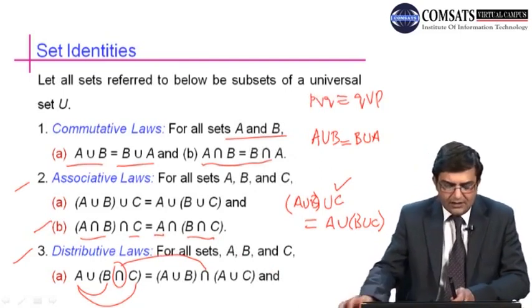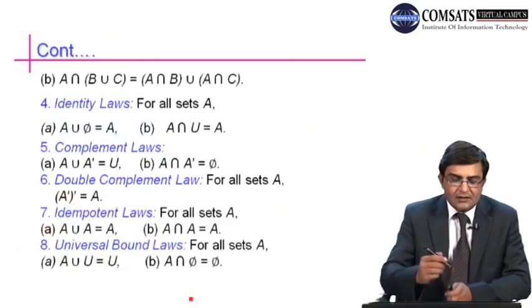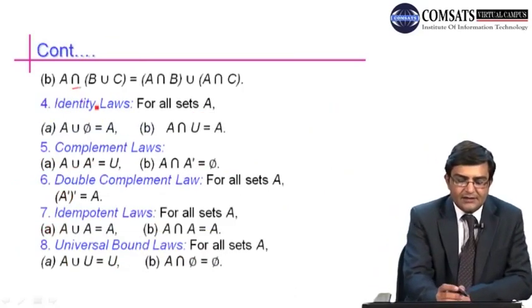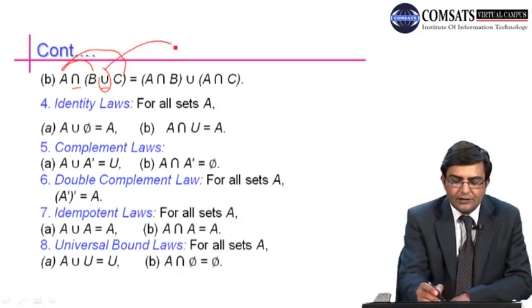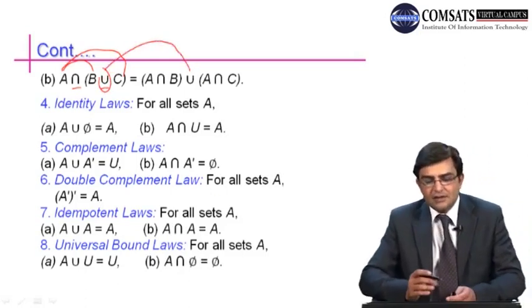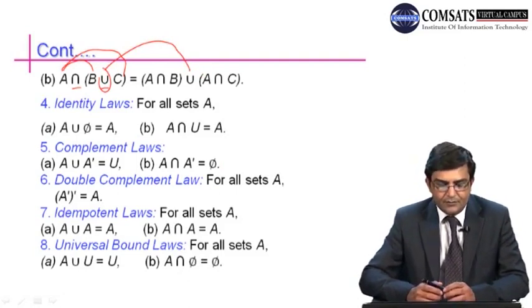Similarly, we can take the intersection out and the union inside: A intersection (B union C) equals (A intersection B) union (A intersection C). This is the distributive law for any three sets.